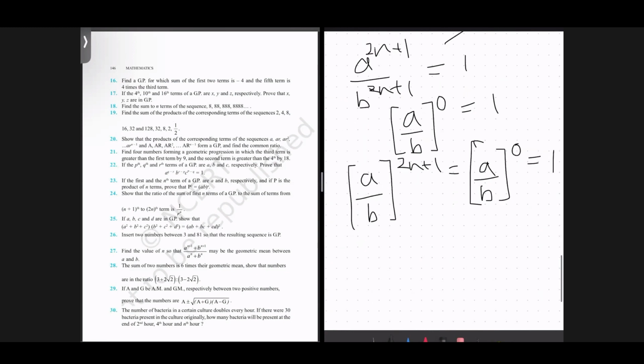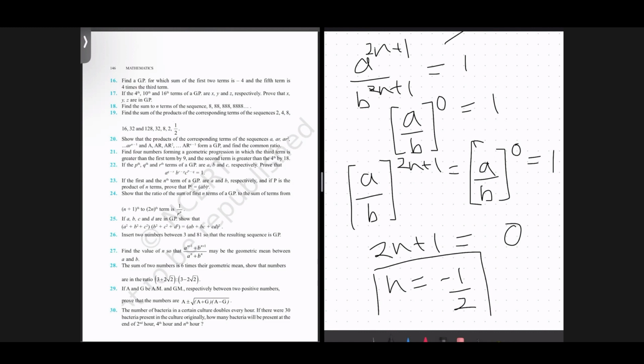So can you say that 2n plus 1 equals 0? Correct. So, n equals minus 1 by 2.